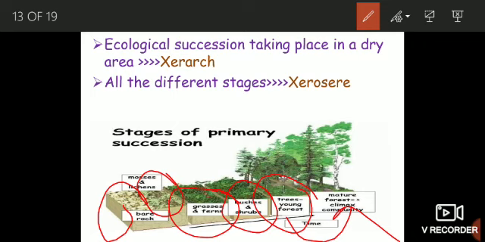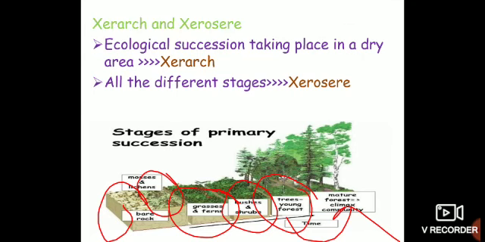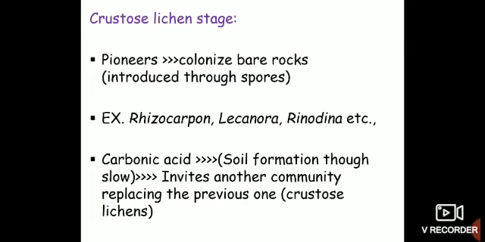This community is not further replaced, because it has adapted to the environmental conditions of the area, and it is quite stable and exists as such for thousands of years. In the following slides, we will study in detail the different successional stages that occur during succession in a dry area.